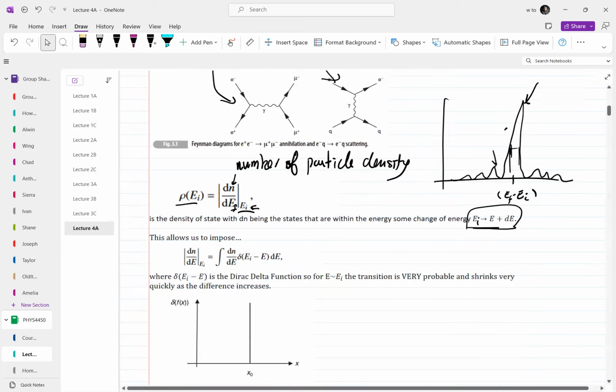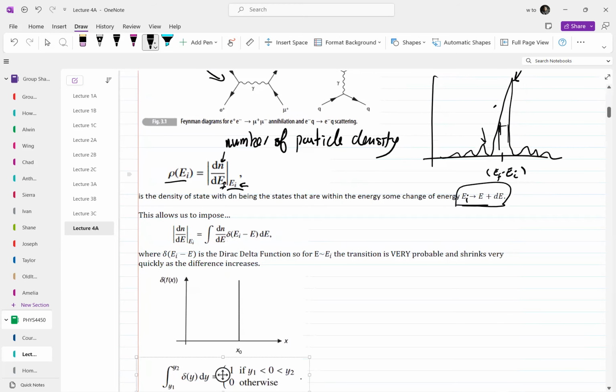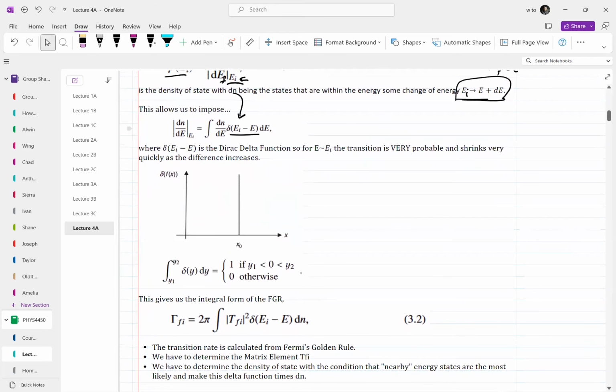What this allows us to do is change this equation into this thing called a Dirac delta function. There is a description of it in Appendix A of Thomson's textbook, which is pretty mathematical, but it gives you all the equations you need.